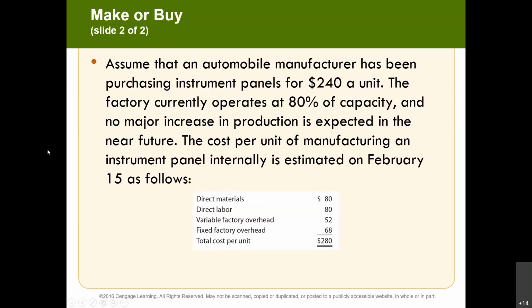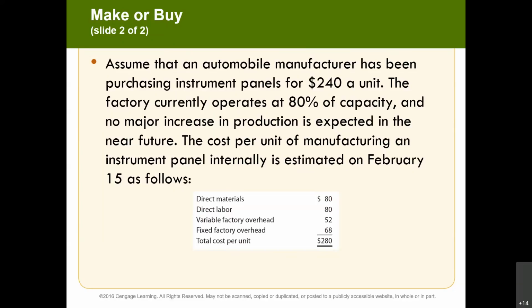So let's assume that Ford is purchasing instrument panels for their transmission for $240 a unit. The factory currently operates at 80% capacity, and no major increase in production is expected in the near future. The cost per unit of manufacturing an instrument would be estimated with the following.